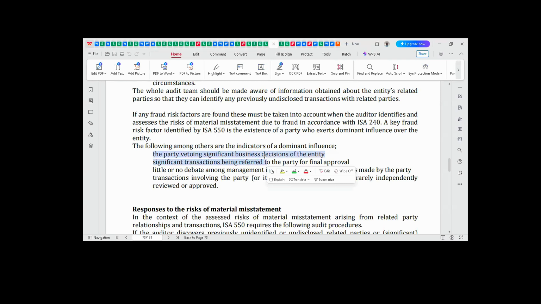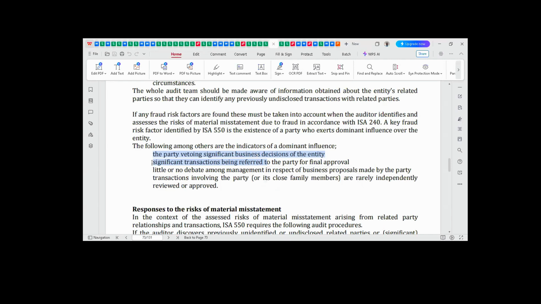So the business wants expansion. Who is the person that gives the power to proceed with the expansion? That person, whoever it is, can make it easier for the auditor to know whether they are related parties within the organization.